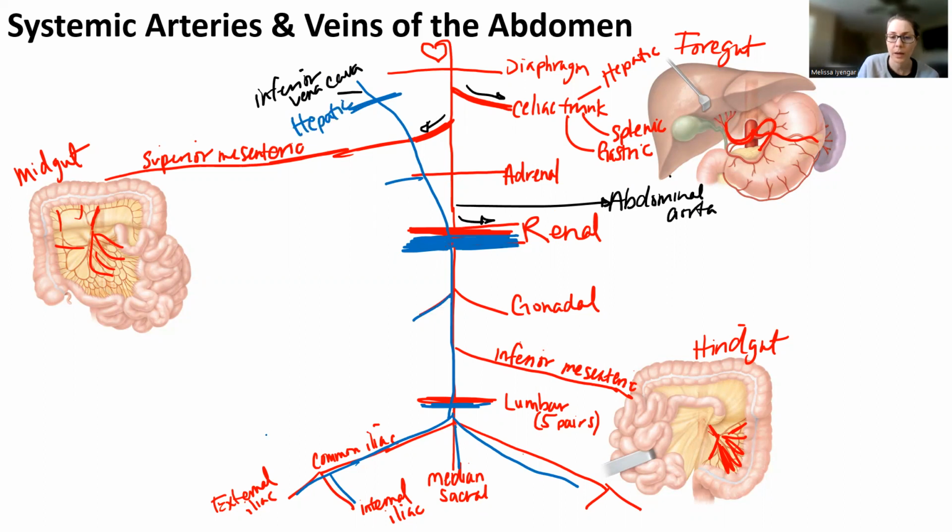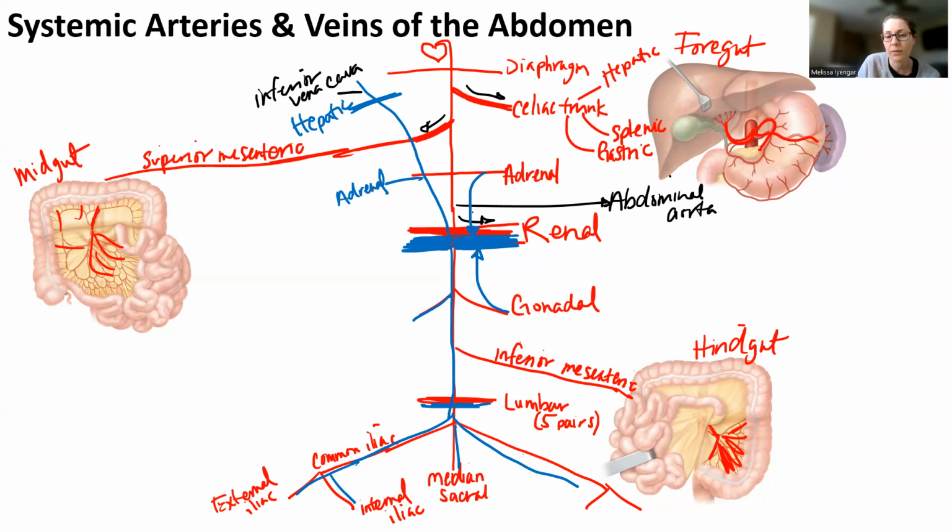veins. Okay. On the left side, what happens is gonadal actually drains into renal, and adrenal also drains into renal, like that. So you see how over here on the right side, I have adrenal.